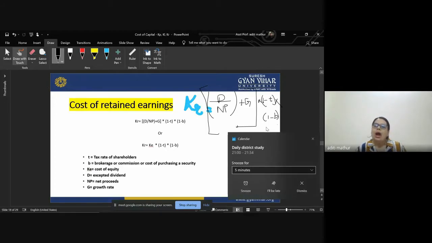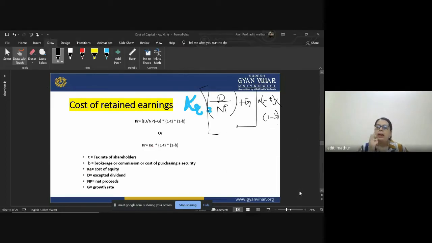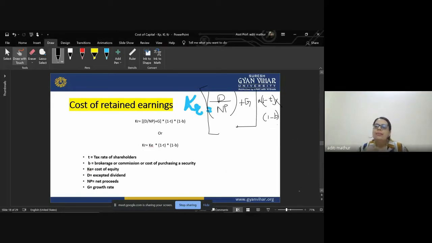So our cost of retained earnings is equal to D divided by NP plus growth, if the growth element is associated, into 1 minus T, the tax amount which shareholders will pay, into 1 minus brokerage.